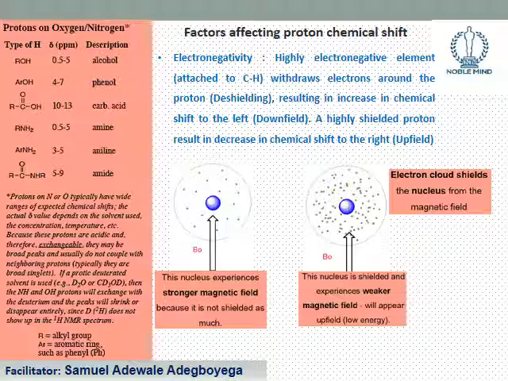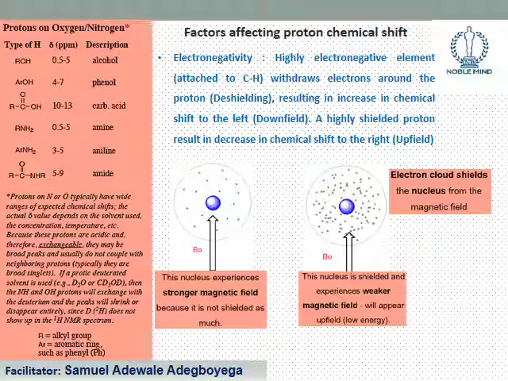Affecting proton chemical shift, we have electronegativity. If you have a highly electronegative element attached to a carbon that carries the proton, they are electron withdrawing groups, so they will withdraw the electrons around the proton. By the time you are removing the electrons, it is termed deshielding.